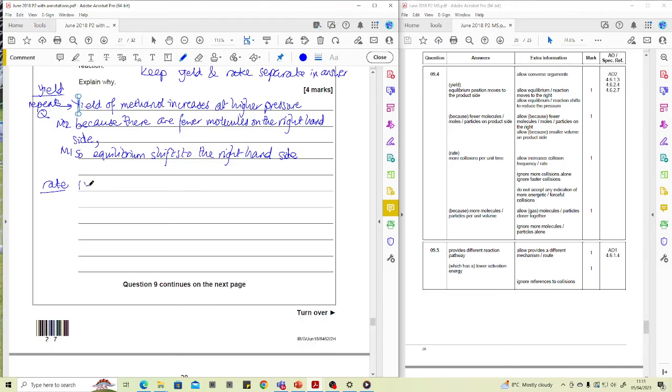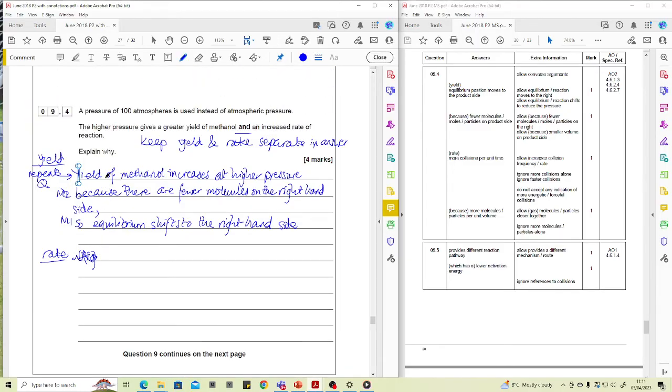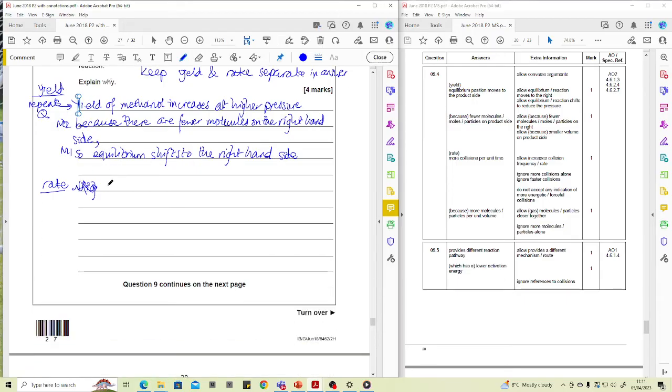So higher pressure increases the rate of reaction. Oh, I'm repeating the question. So let's not repeat the question. So at higher pressure, there are more particles in a given volume.